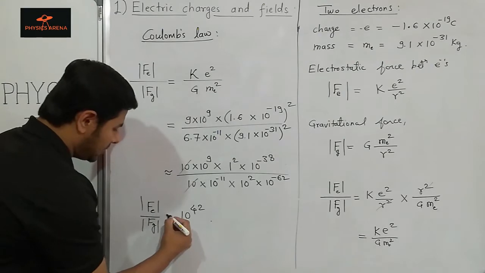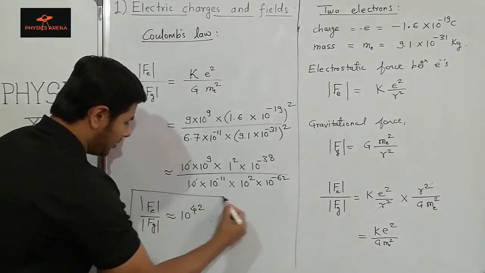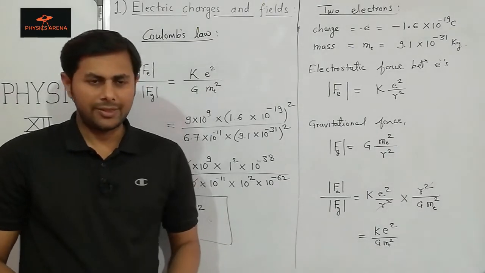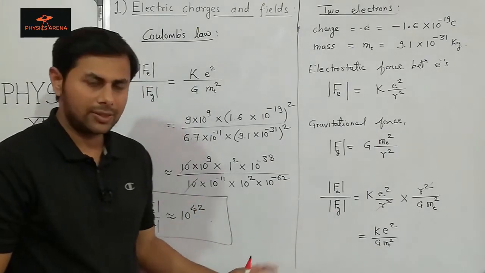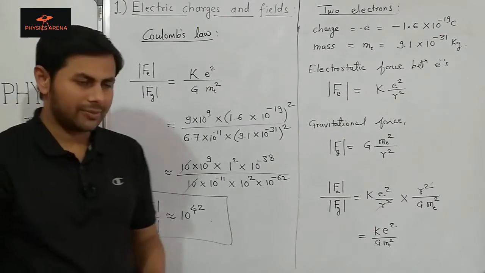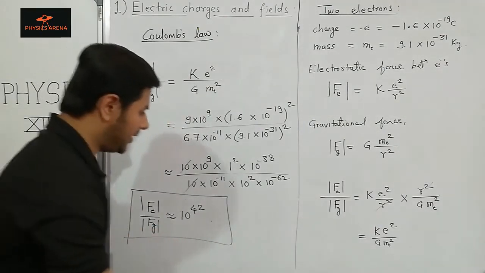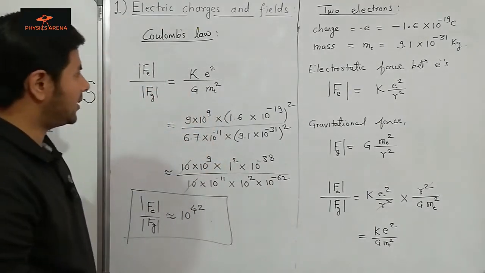So it is roughly of the order of 10 raised to 42. That is, the electrostatic force is stronger than gravitational force by this much amount. It is 10 raised to 42 times stronger than gravity.